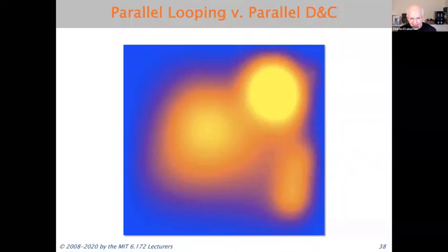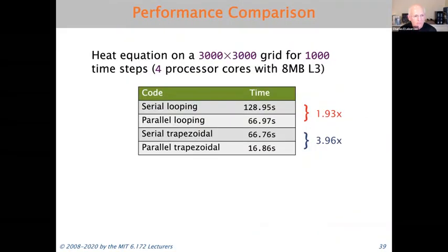In fact, we've run this on some really big problems: a 3,000 by 3,000 grid for 1,000 time steps on 4 processor cores.